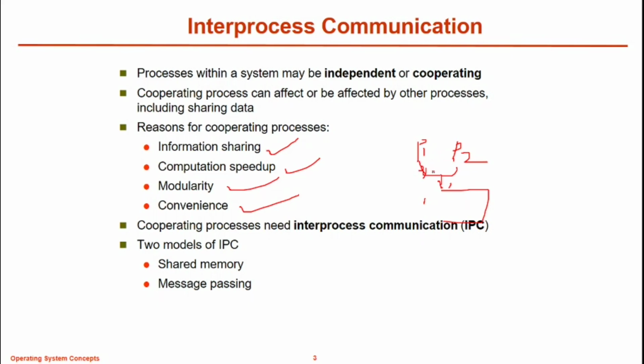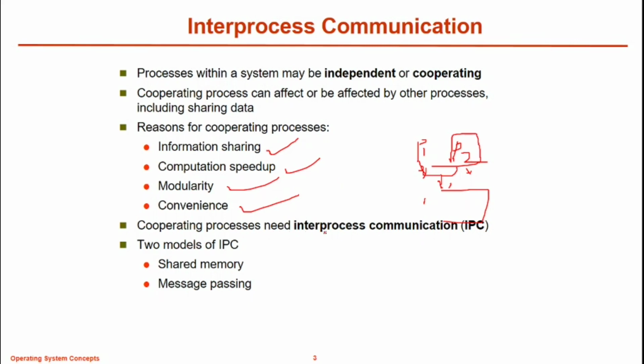Otherwise, if there is no cooperation, then separate resources have to be allocated, the computation has to be separated, or a separate CPU is needed. Cost will be more. So cooperating processes should be there.